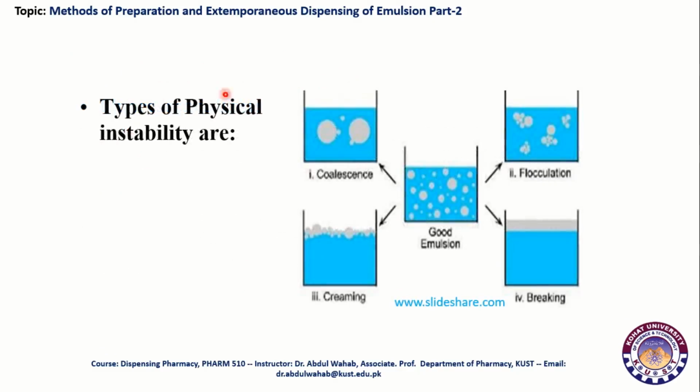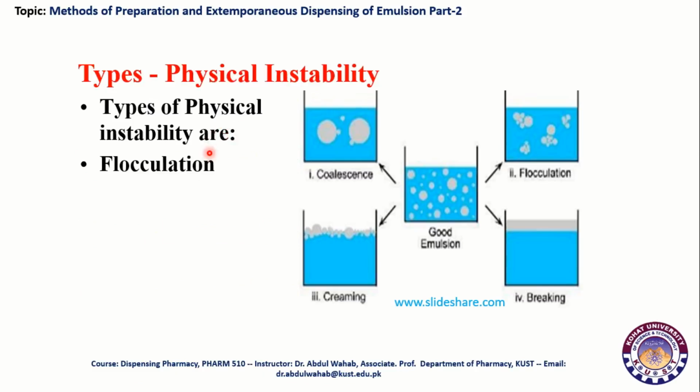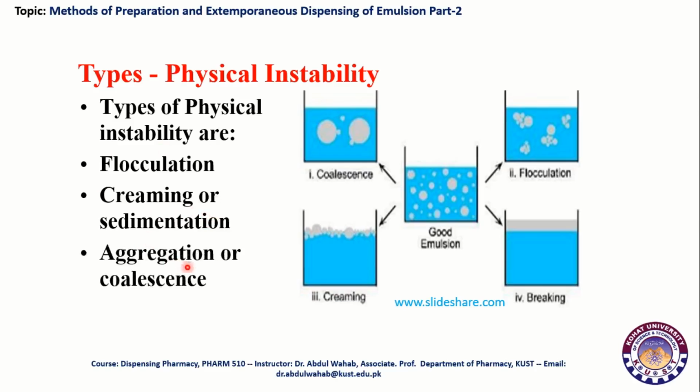Types of physical instability. Flocculation is instability of emulsion. Creaming or sedimentation is also physical instability of emulsion. Aggregation or coalescence is also instability of emulsion.